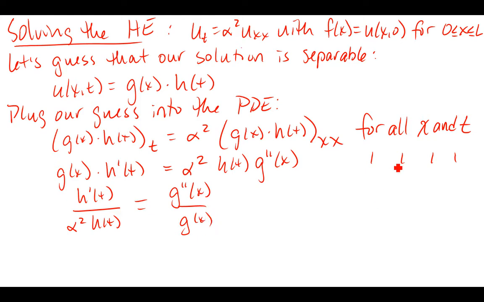And again, this has to be true for all x's and t's. Okay, this is looking a little bit like I've done separation of variables from ODEs class. A little bit, not quite, and that doesn't really work for a second derivative anyway.